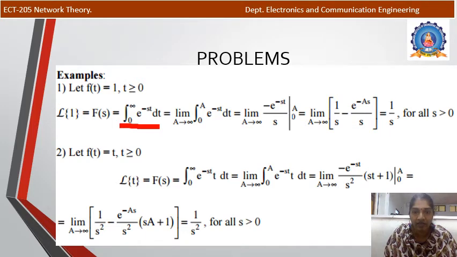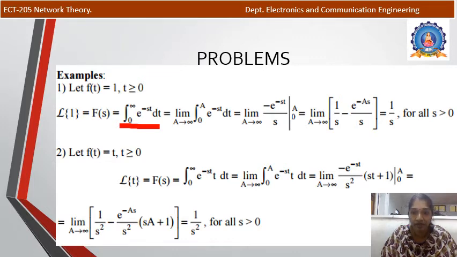Here we take the integral of e raised to minus st, that is limit a tends to infinity of e raised to minus st by minus s, and we apply the limit 0 and a. When we apply the limit, it is the upper limit minus the lower limit.